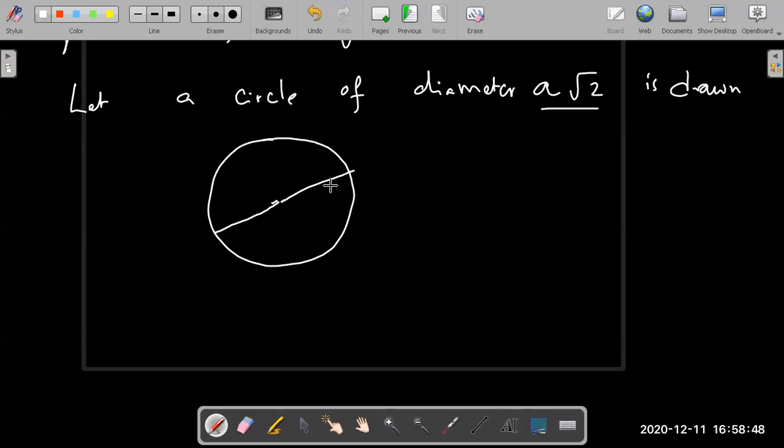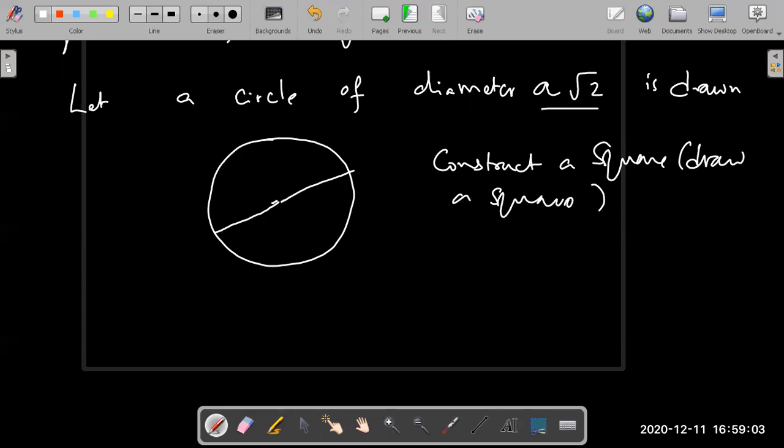Now if this is a diameter, now draw a square inside the circle with a root 2 as diagonal.